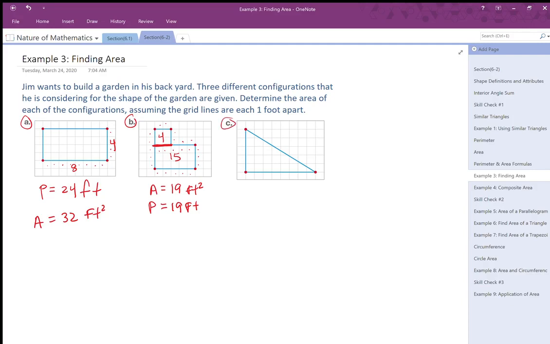And for case C, if we were looking at perimeter, 1, 2, 3, 4, 5 high, 1, 2, 3, 4, 5, 6, 7, 8 along the base, we would use the Pythagorean theorem to find the hypotenuse. So c squared is equal to 5 squared plus 8 squared. C squared is 25 plus 64. C squared is 89.